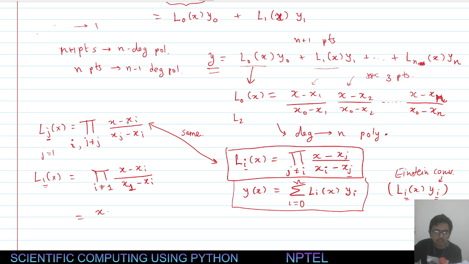Now i can take the value 0, because 0 is not equal to 1, so x minus x0 upon x1 minus x0. Now i cannot be 1, so it can be 2, so x minus x2 upon x1 minus x2. Now if you have only 0, 1 and 2, just 3 data points, it ends here. If you have a third data point, so a fourth data point, then you have another term, x minus x3 divided by x1 minus x3. So this product goes up to n.